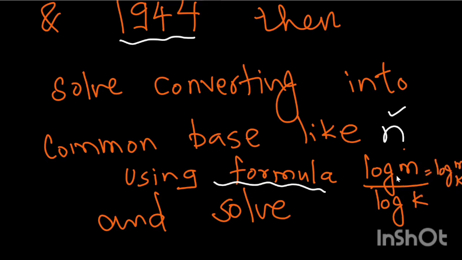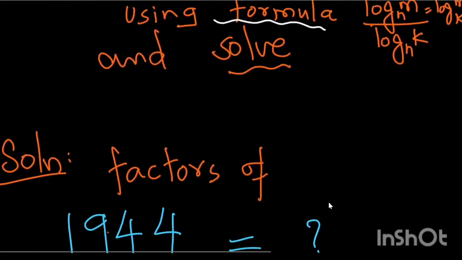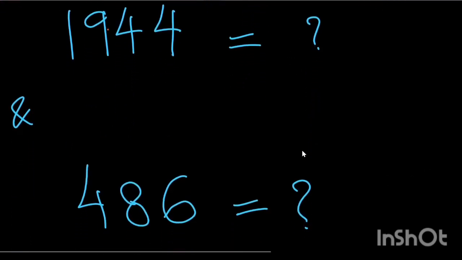So the base can be taken as n, common base, and then we can solve it. That would be our strategy, guys. So now we will find the factors of 1944 and 486.